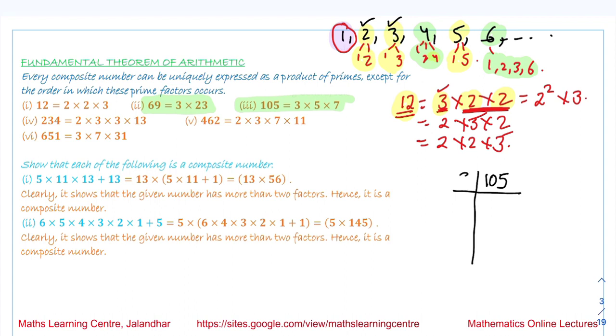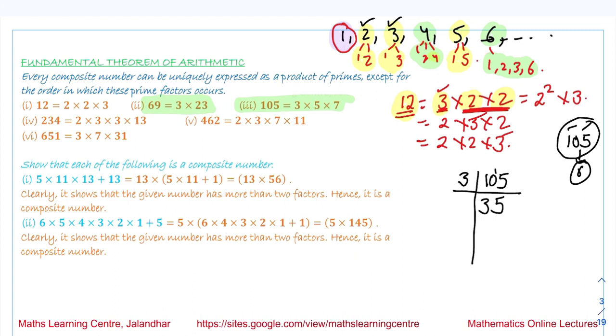First of all I have to check whether 105 is divisible by 3 or not. The sum of the digits, 1 plus 0 plus 5, is 6, which is divisible by 3. So 3 times 3 is 9, 10 is there, so 1 is left over, and 3 times 5 is 15, giving 35.